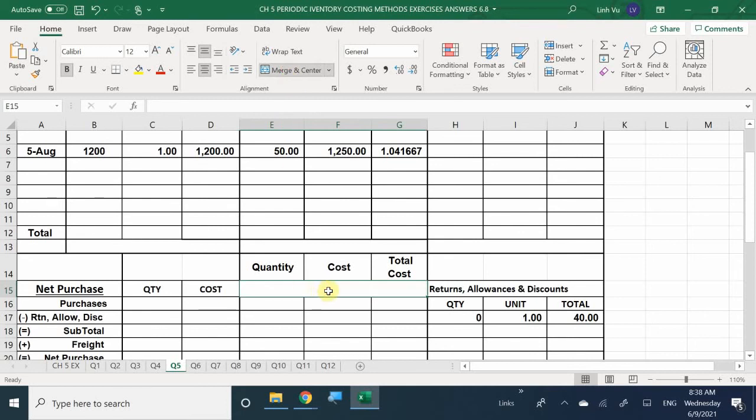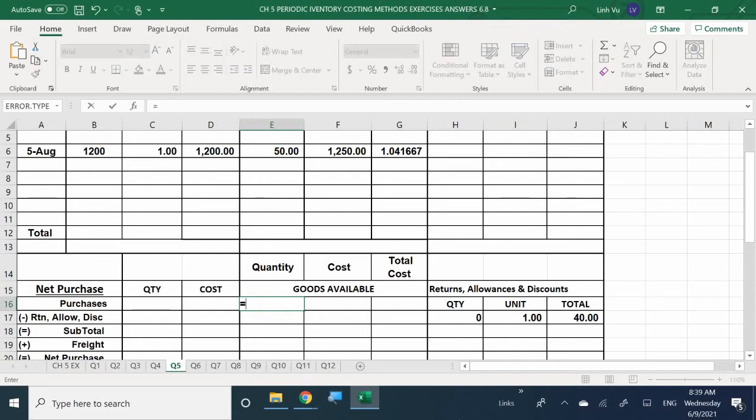So with that being said, I'm going to go ahead and create a table here, and I'm going to call this my goods available. For this one, instead of having to memorize which one came first, I know that for my quantity, for the first batch, I didn't return anything. So I should still be at 1,200. However, I got back $40.